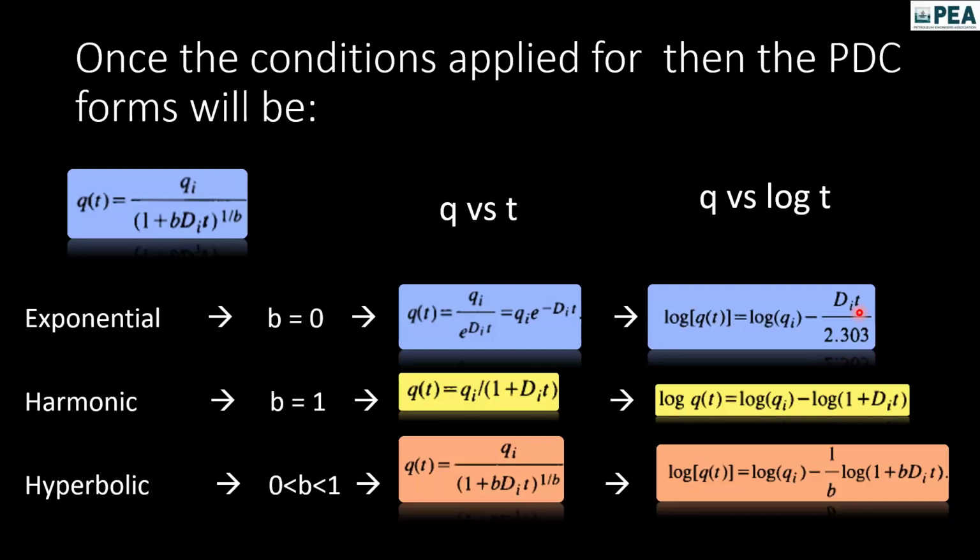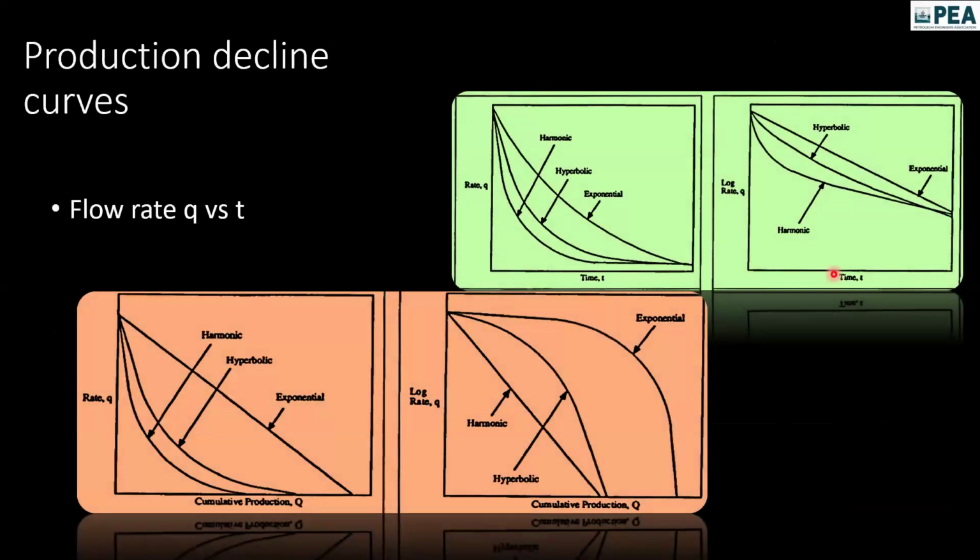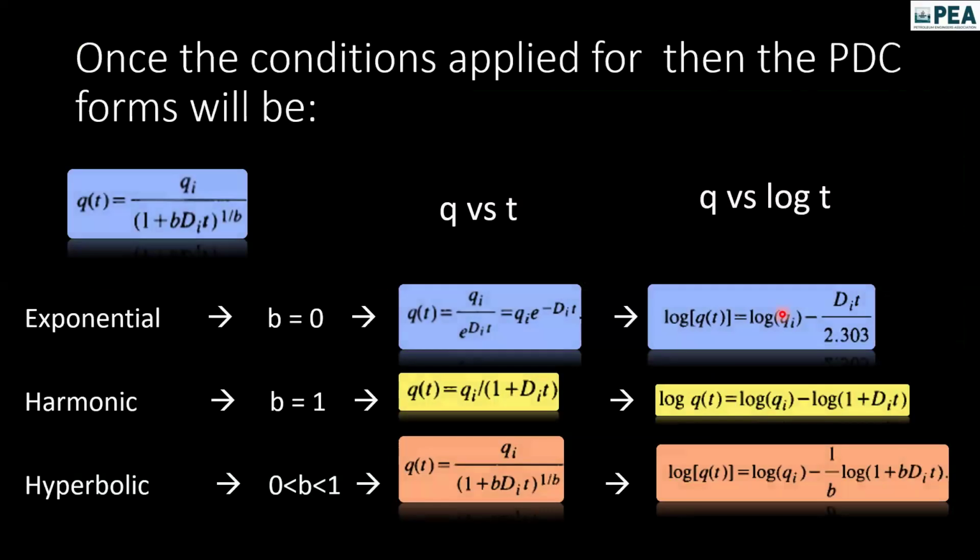So t is your x-axis and log q(t) is your y-axis. As you can see in this graph, log q versus t, the slope of the curve will be minus Di by 2.303. So this equation can be fitted with your straight line equation.